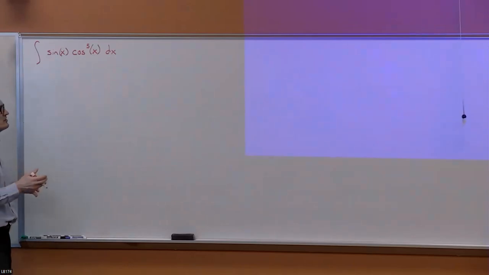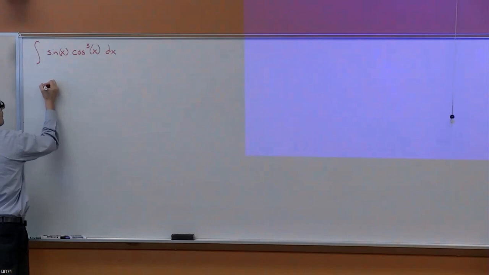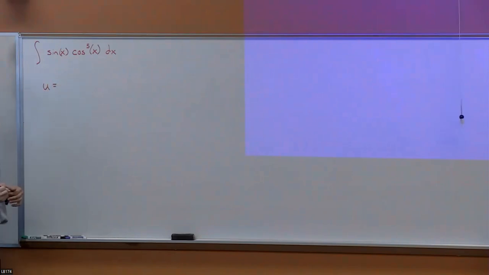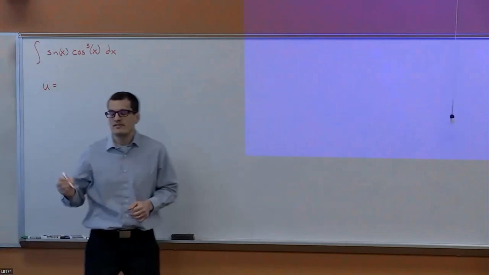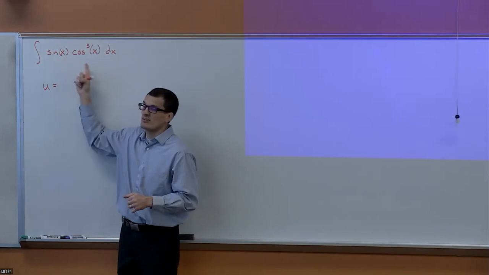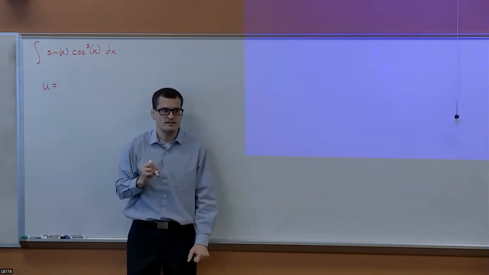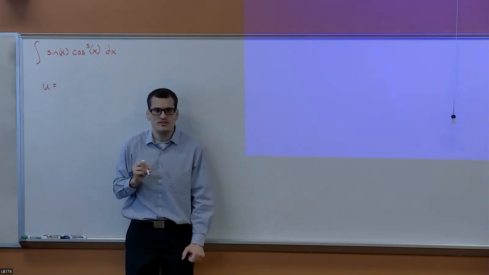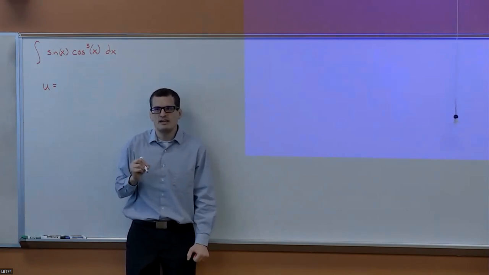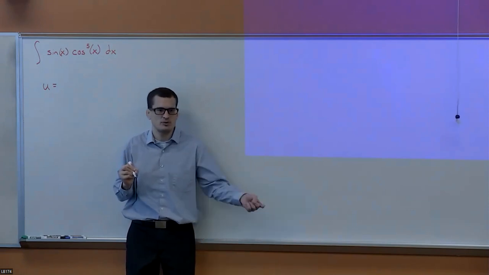So like I said, it's just fancy substitution. Anytime we're dealing with substitution, we have to pick the right inside function. Now, in this problem, it's fairly straightforward what we want to pick. We pick it in a very similar way that we picked it in 6.1.